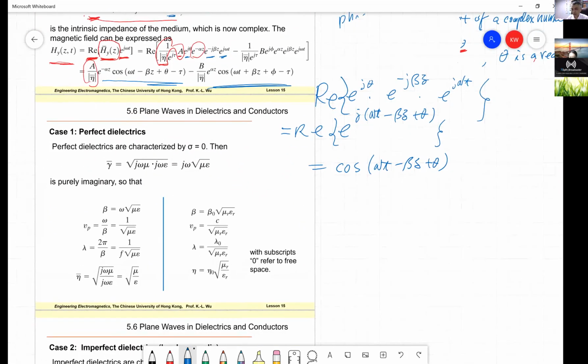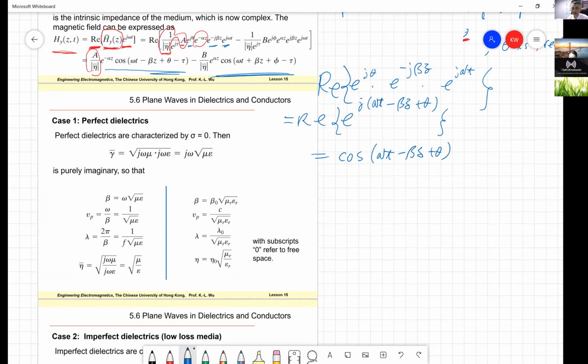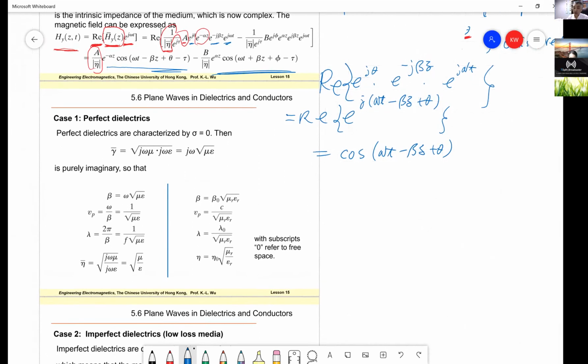Now let's discuss the lossless case, a perfect dielectric. I will go quickly. Sigma will be equal to 0, the conductivity, because conductivity creates loss. So gamma is simple. Because sigma equals 0, gamma is just a pure imaginary number.